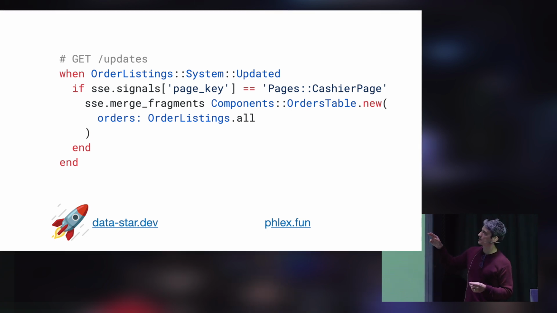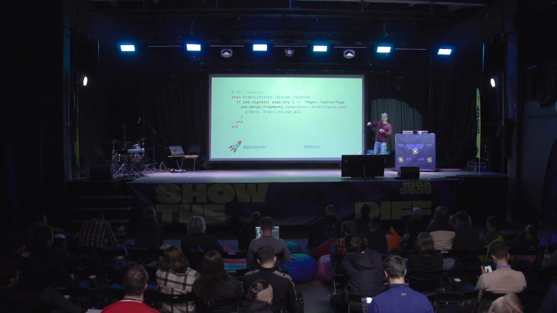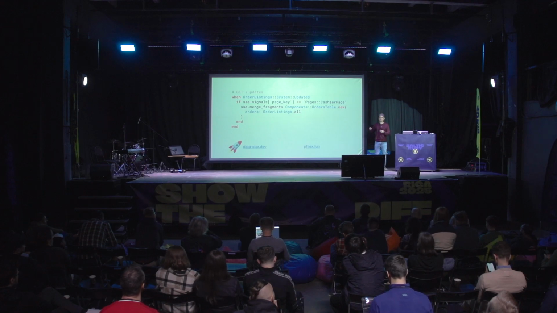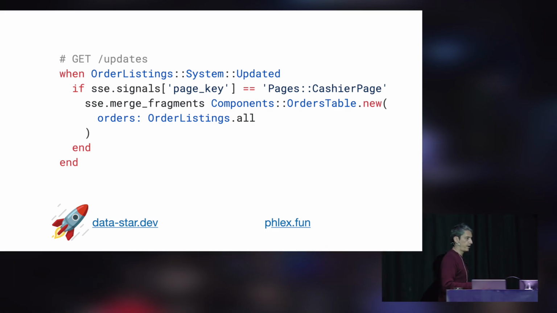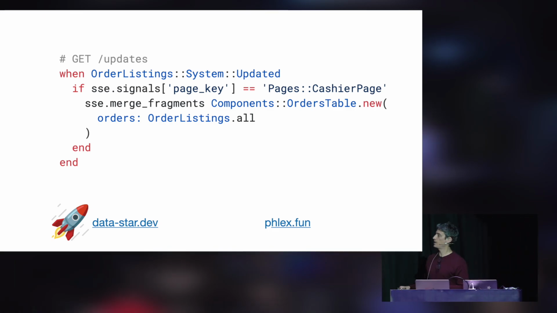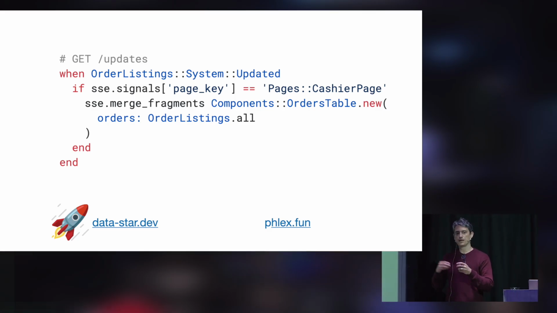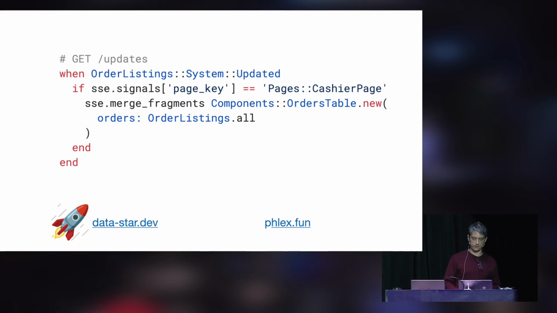So when a projector is updated, this open connection listens to those events, and if it's looking at the right page that cares about that event, it renders some component with data and sends that HTML down the wire back to the browser. And in the browser, I'm using Datastar, which is a tiny bit of JavaScript that's listening on that connection, taking those HTML fragments as they come from the backend, and merging them into the DOM really seamlessly. So there are no page refreshes or anything like that.